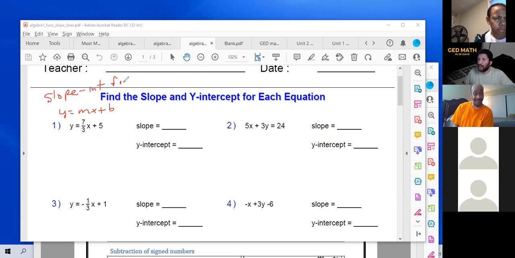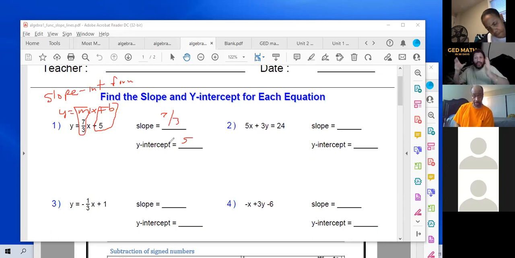Yep. So you should be able to identify the slope very easily and the y-intercept very easily. So for this equation, our slope is what? 7/3. What's our y-intercept? 5. That easy.